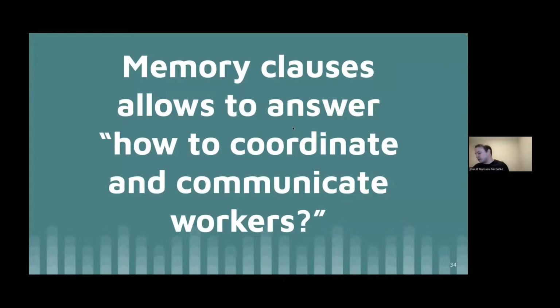So if you look at all this, all we are trying to answer is how do we coordinate and communicate the workers, right? We were thinking how to create the workers before with the parallel regions. Then we thought about how to assign work. We gave an example with the master directive where we were assigning work to only a single one.